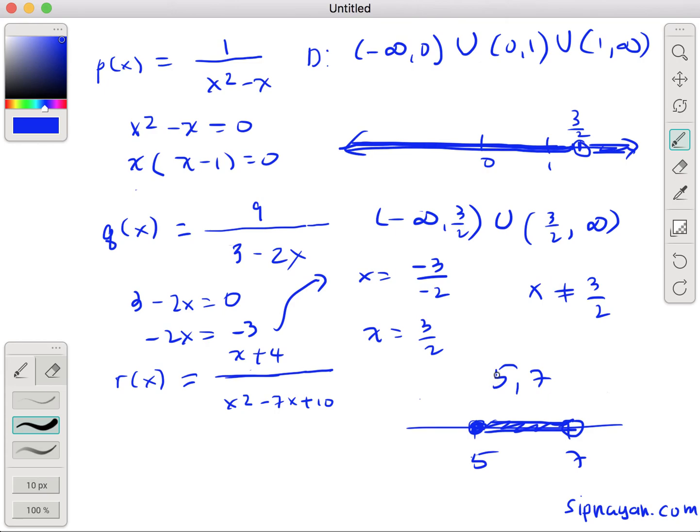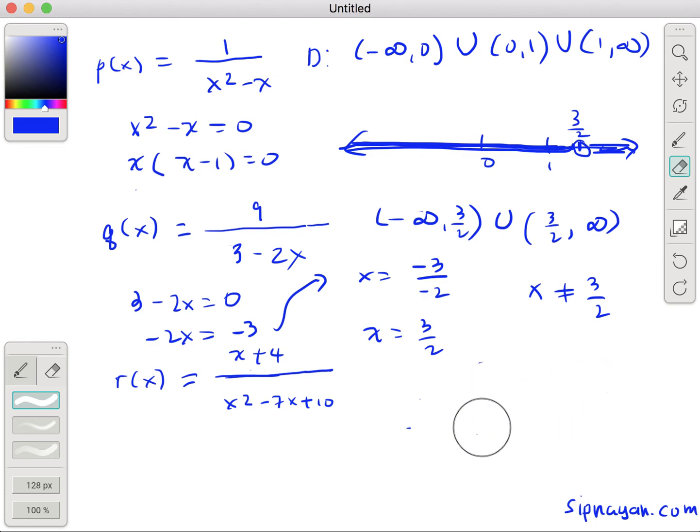Pero yung 5 mo dyan ay square bracket kasi kasama siya. Meron siyang kulay. Yun ang representation niya. Ito, pag bilog lang siya na blanco, usually white, hindi siya kasama. So, yan, parenthesis siya. And the infinity and negative infinity always take a parenthesis. No?